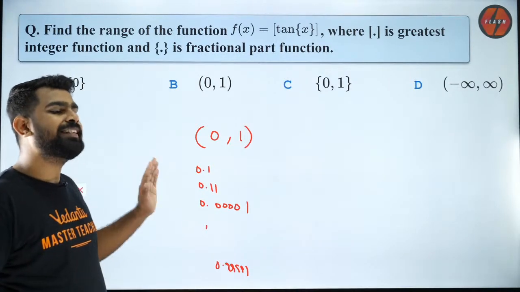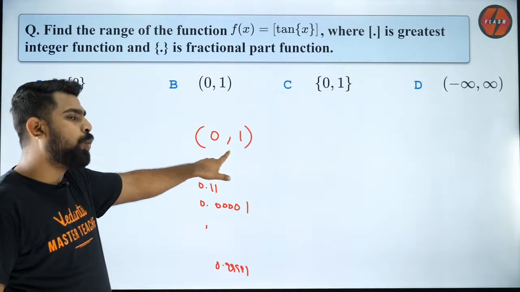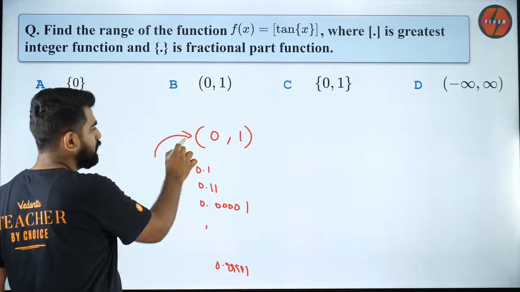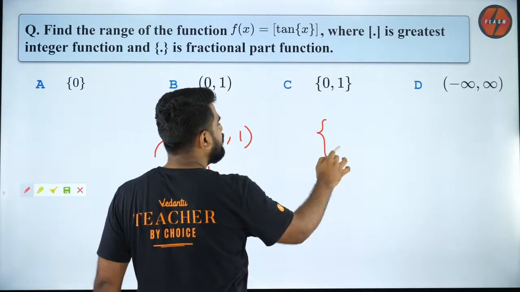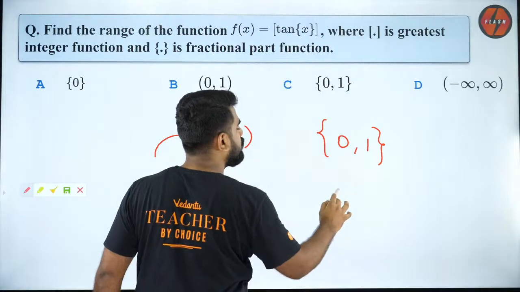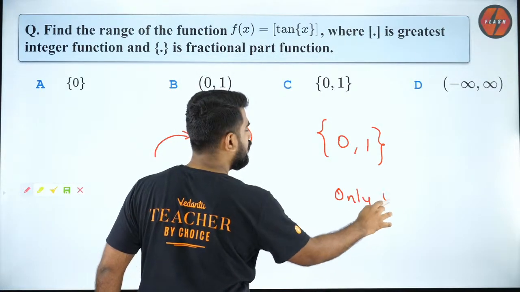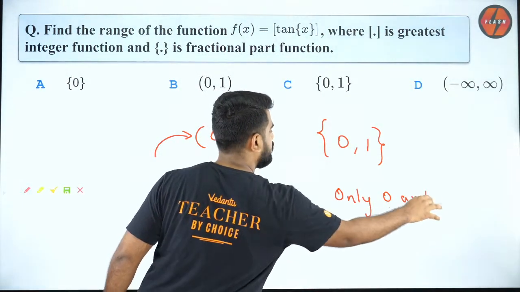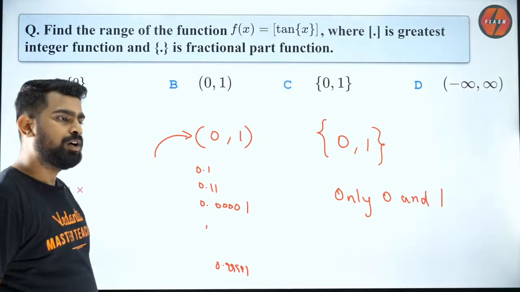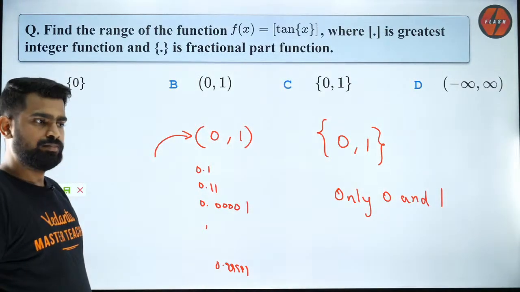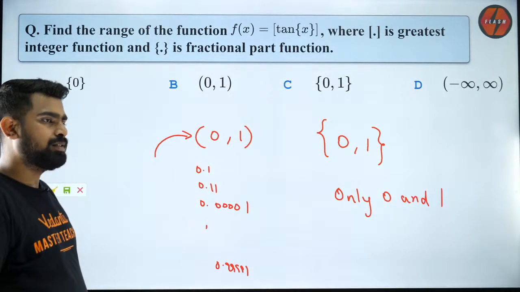Okay, all real numbers between 0 to 1 are represented like this. But if I write like this, that means only 0 and 1. That's it. Only those two values. Got it? Everybody clear?